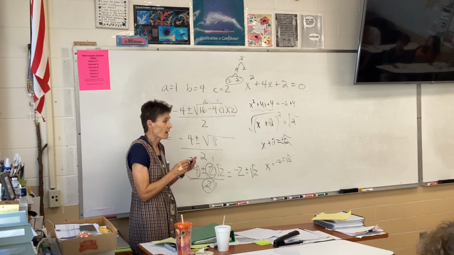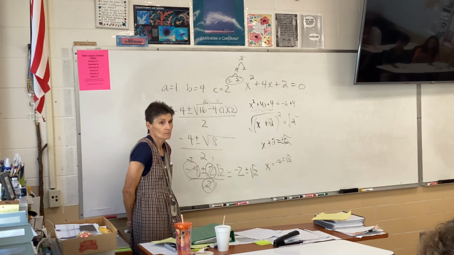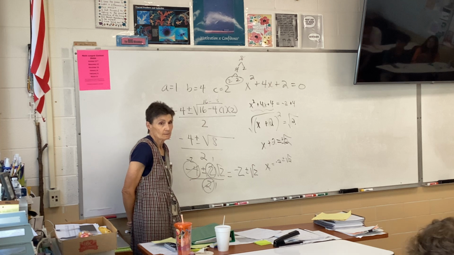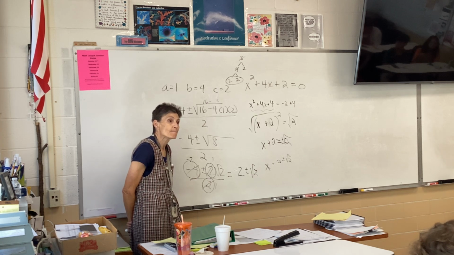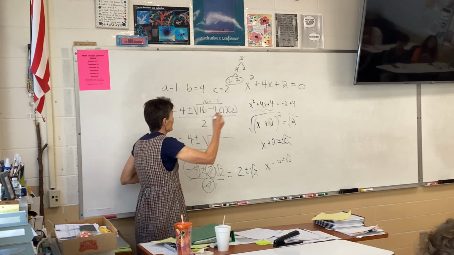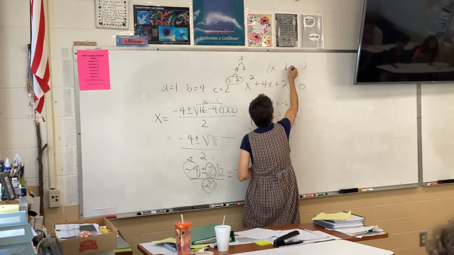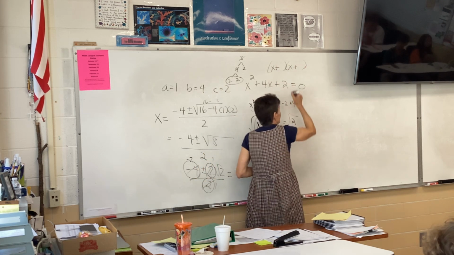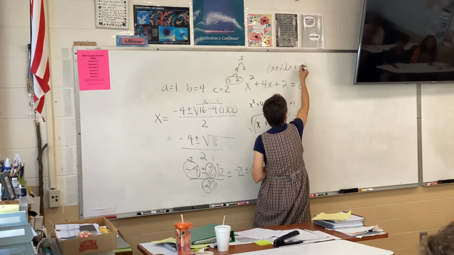How many of you got the correct answer on your own? What would it look like if you did factoring? It doesn't factor. What did you try? X plus 2. You would do X plus 2, and 2 or 1.